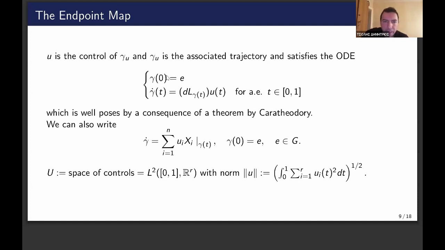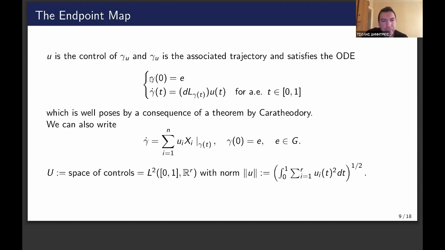So we have that at the initial point, this curve must be the identity of the Lie group, and that the derivative of the curve must be the derivative of the left translation at the point gamma of t times this control here. So a control tells us how to control the curves, how to move, I would say.